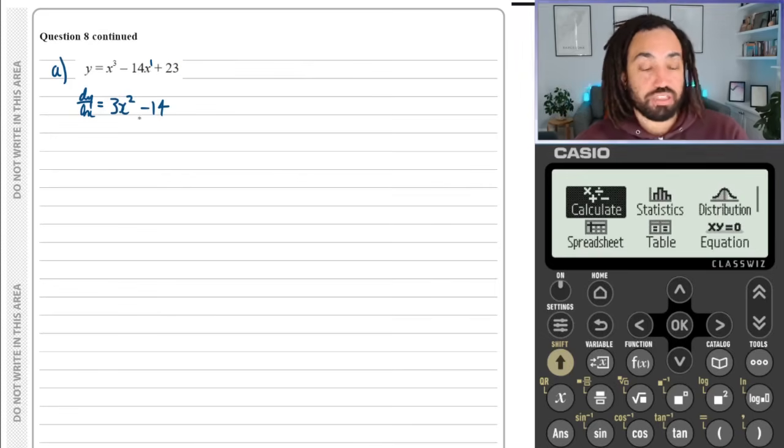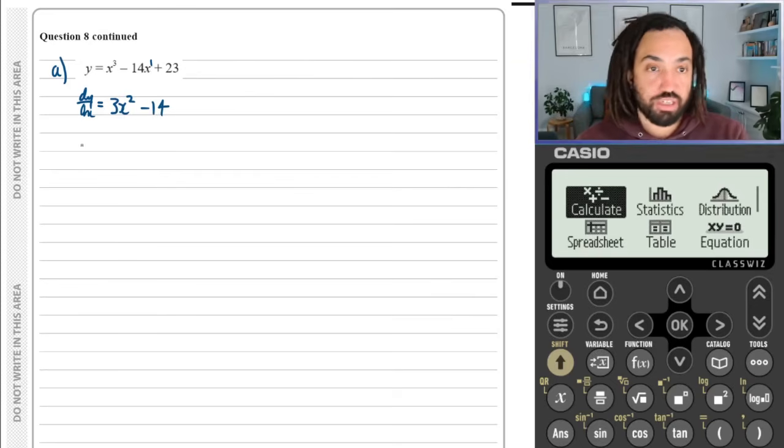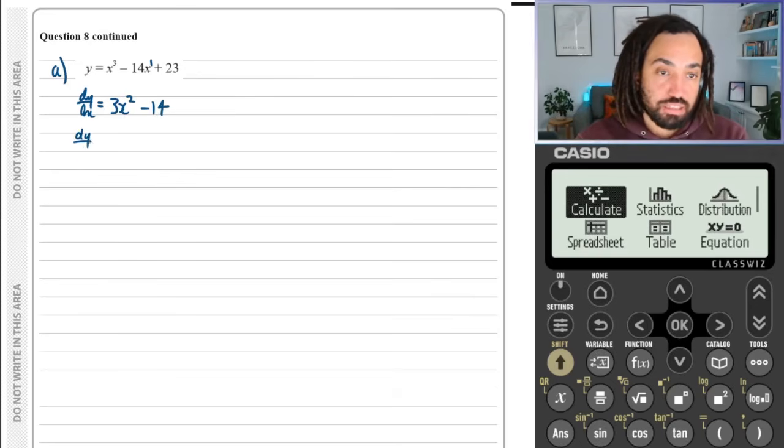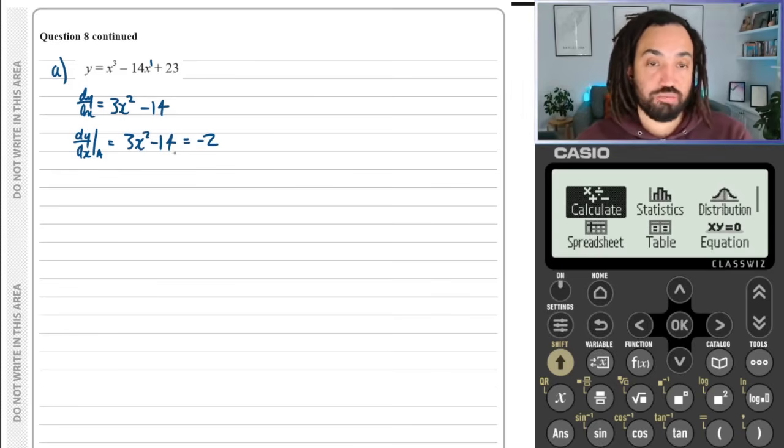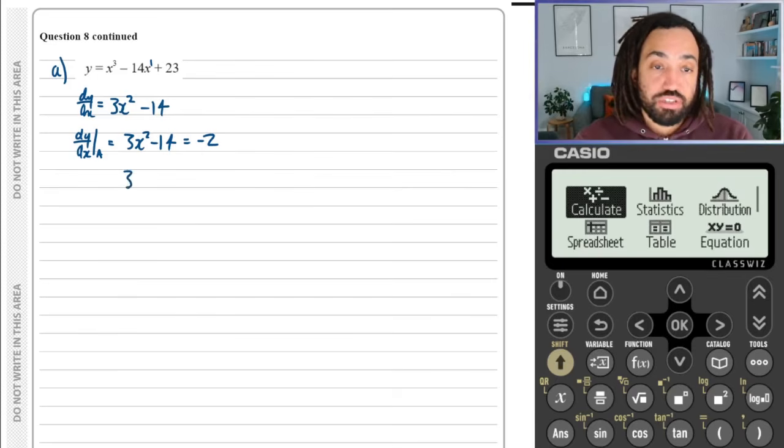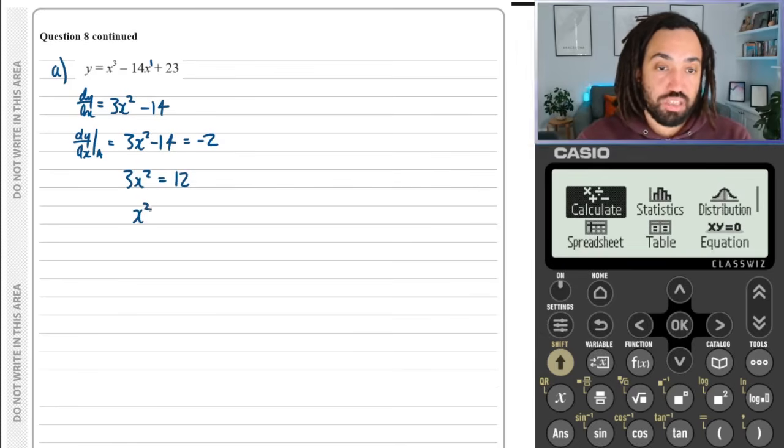So that's dy by dx of the cubic curve, and we're told that at the point A, this dy by dx is equal to minus 2, because the tangent has a gradient of minus 2 at that point. So we can say 3x squared, if we add the 14 to that side, that gives us 12, so we get x squared is equal to 4, so x is equal to plus minus 2.